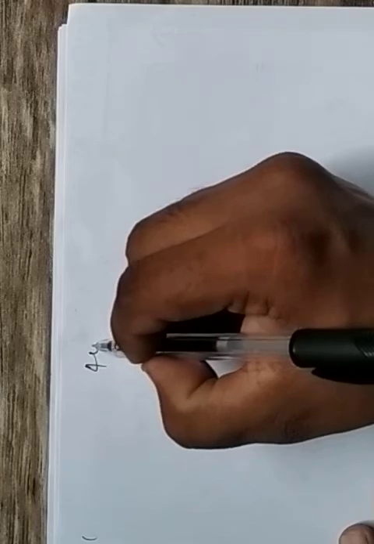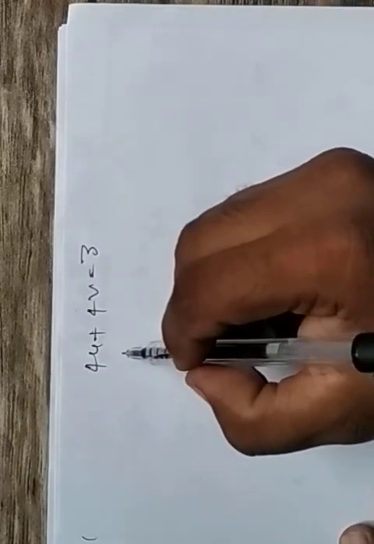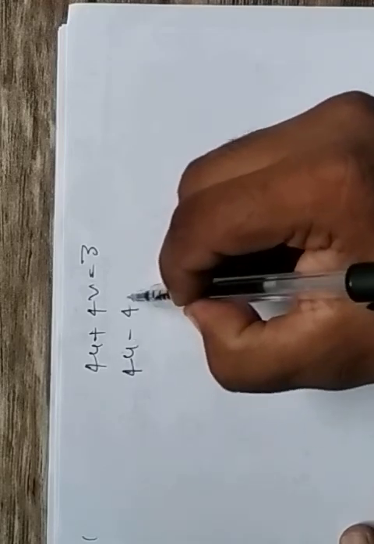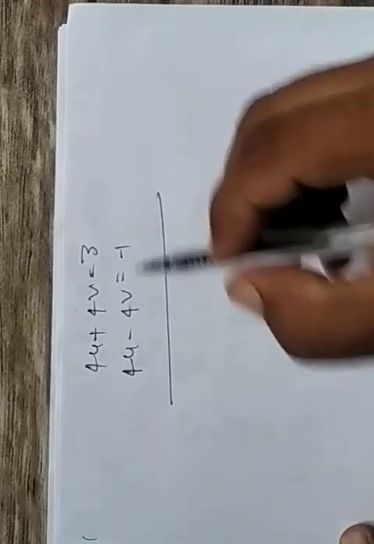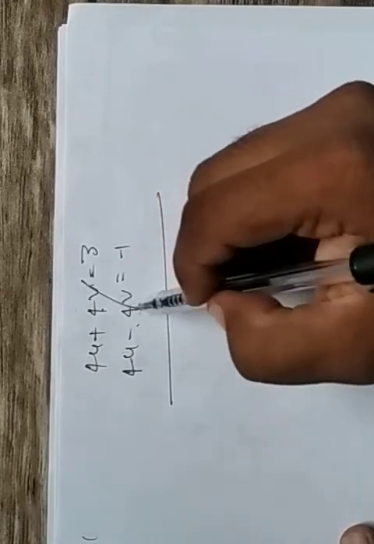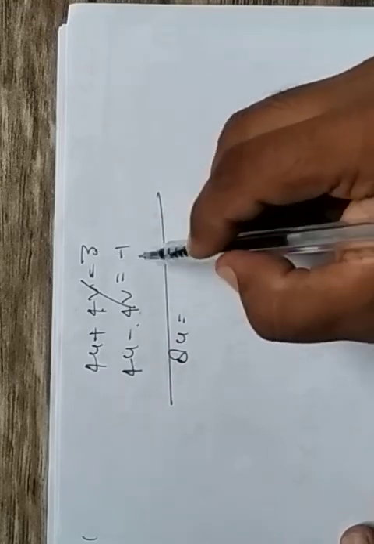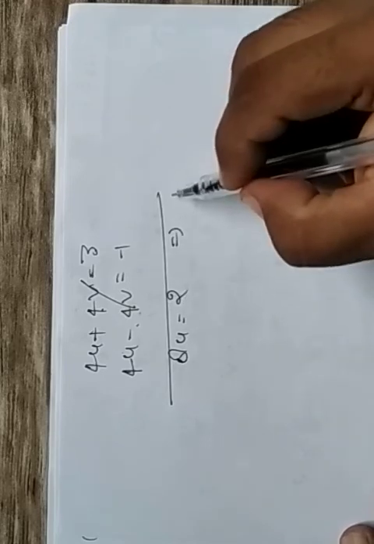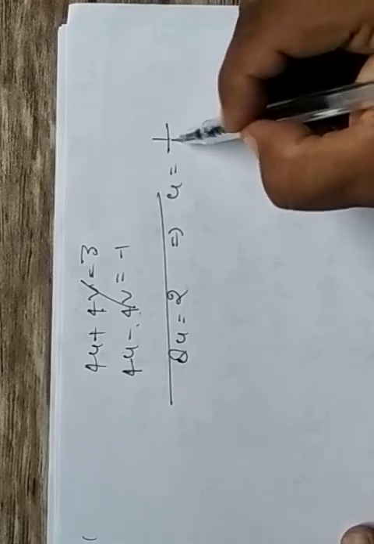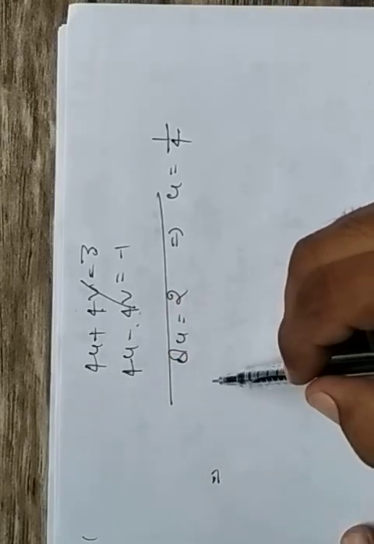Now students, see, when we are solving both equations, equation 3 is your 4u plus 4v is equal to 3, and equation 4 is your 4u minus 4v is equal to minus 1. Now solve both equations. See, plus 4v minus 4v cancel, 8u is equal to 3 minus 1 is equal to 2, implies u is equal to 1 by 4, and put this value of u in equation 3.